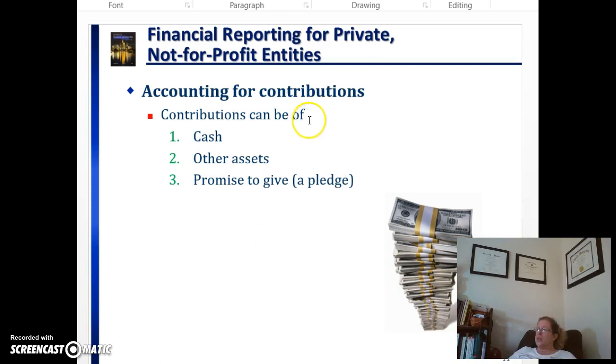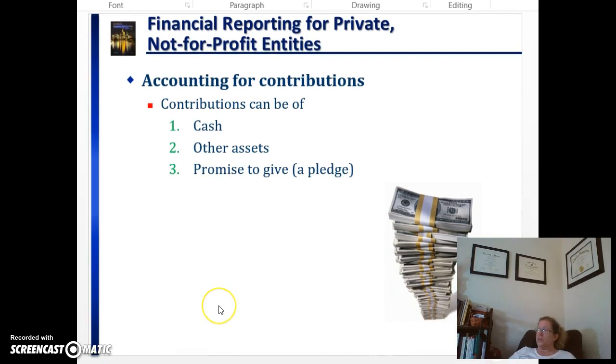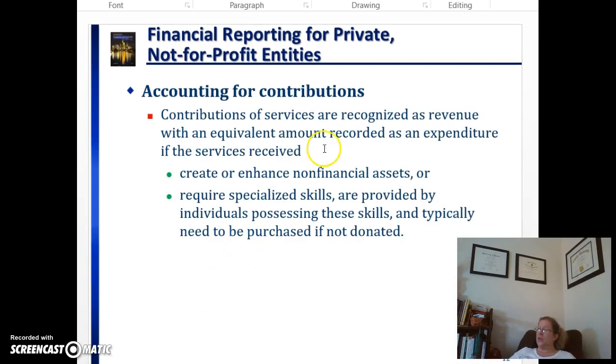Accounting for contributions. Contributions can be either cash, other assets, or even the promise to give, which we call a pledge. Contributions of services are recognized as revenue, with an equivalent amount recorded as an expenditure, if the services received create or enhance non-financial assets, or if they require specialized skills, are provided by individuals possessing these skills, and typically need to be purchased if they're not donated.